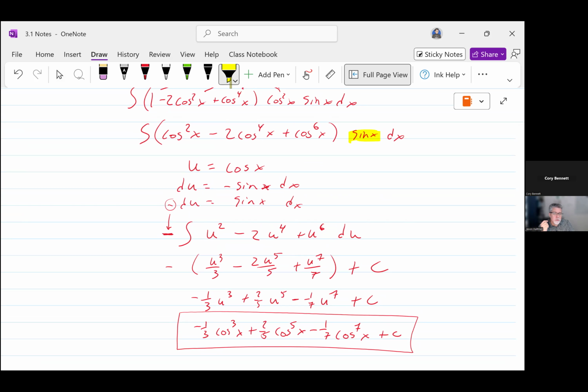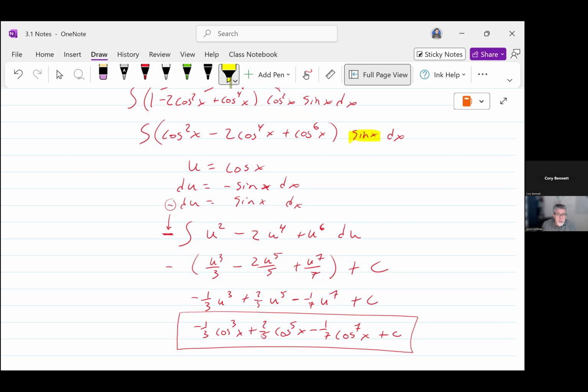I would end up with multiple powers of cosine, and when I do the u for cosine, I end up with a sine for du. Oh, and that comes from the sine being the odd power. That's why you change it in the first place. Exactly. Okay, thank you. Perfect.